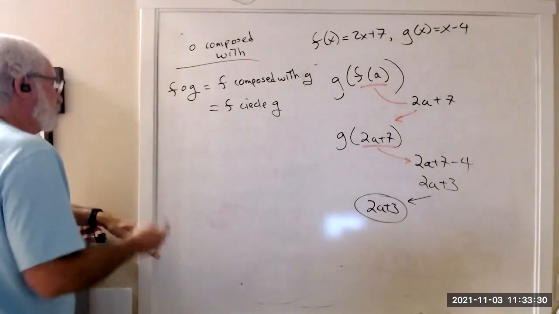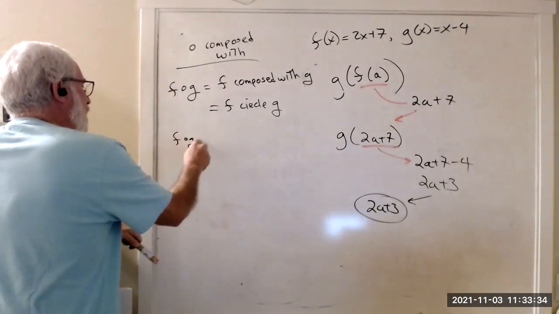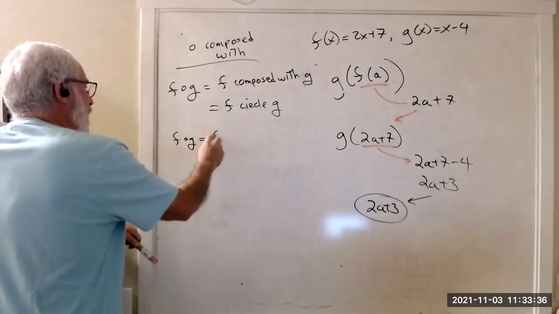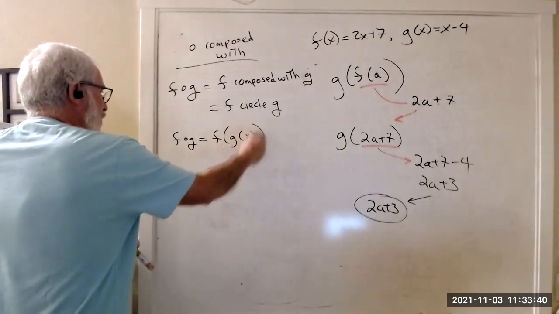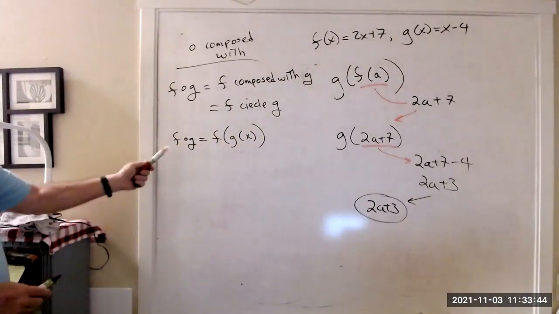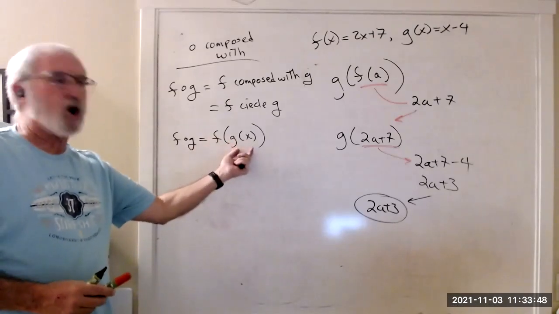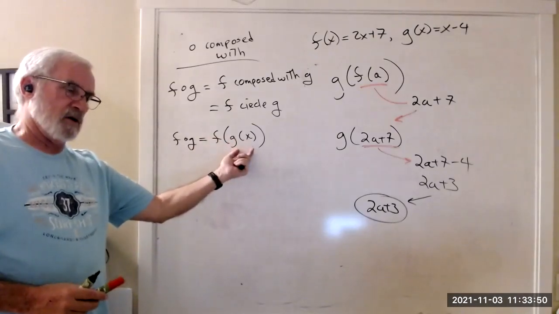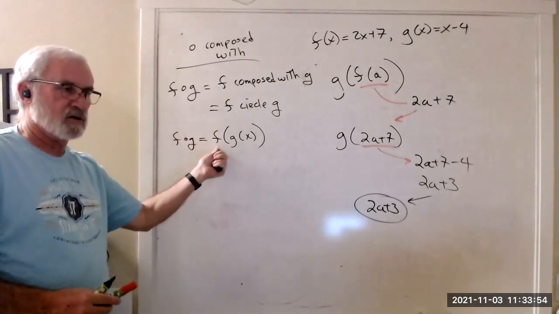However, F circle G is just a fancy way of saying F of G of X. That's all this means. F circle G means take the entire G function, all of it, and stick it into X, or F in this case.